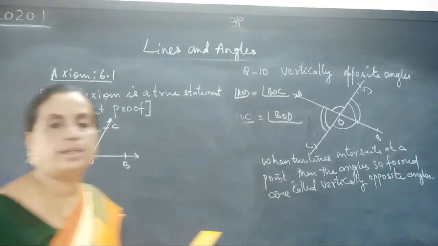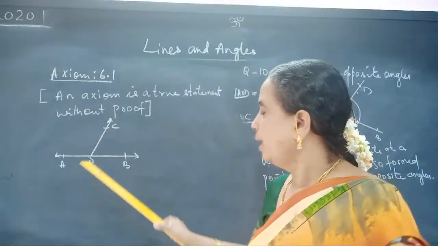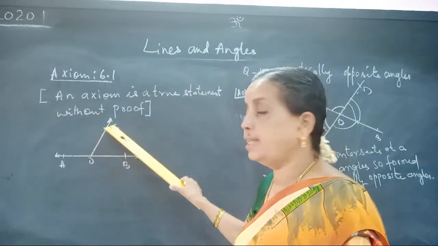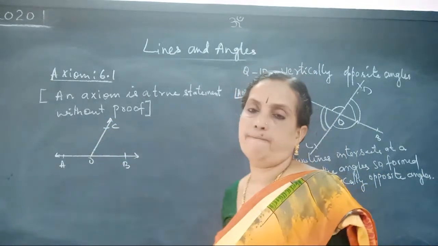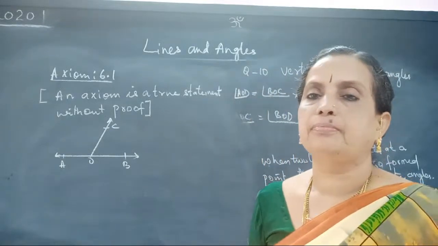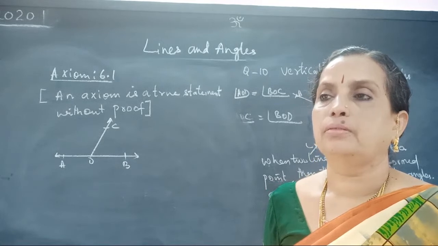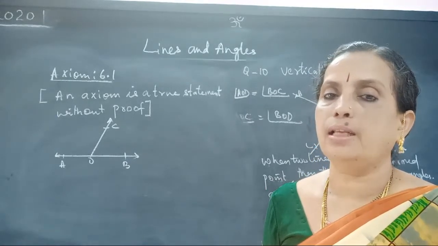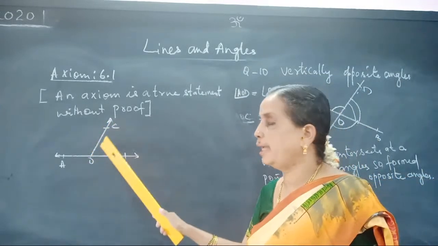So according to this statement, see the explanation of how I am going to do it. A ray OC. Why is OC called a ray? Don't you know the answer?